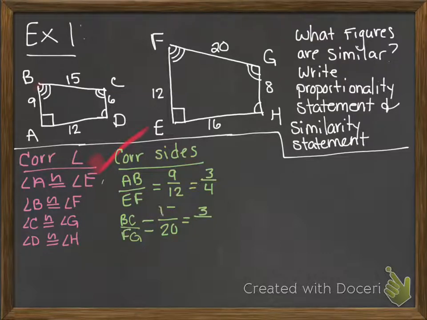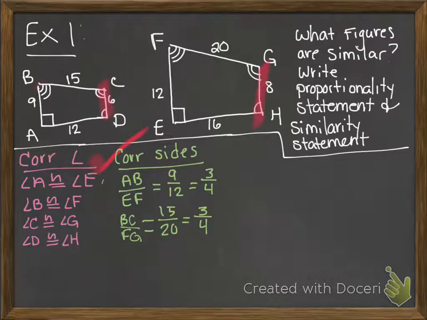So BC is 15, FG is 20. I see that 5 goes into both 15 and 20, so that's going to leave me with 3/4. So far I'm on the right track because my ratios are the same right now. I just want to make sure that it happens for all my corresponding sides.